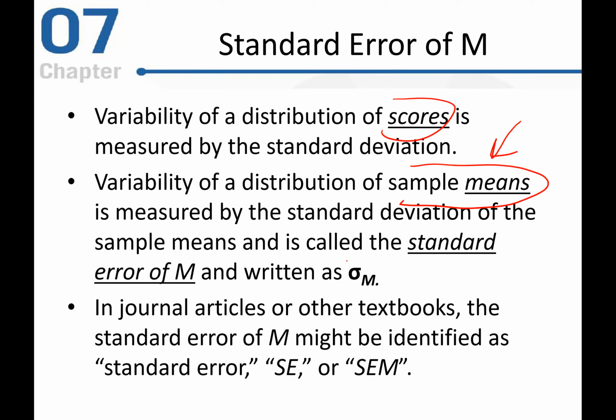And you will also see it written as the population standard deviation with a subscript of M. In journal articles or other textbooks, the standard error of M might be identified as the standard error, SE, or SEM.